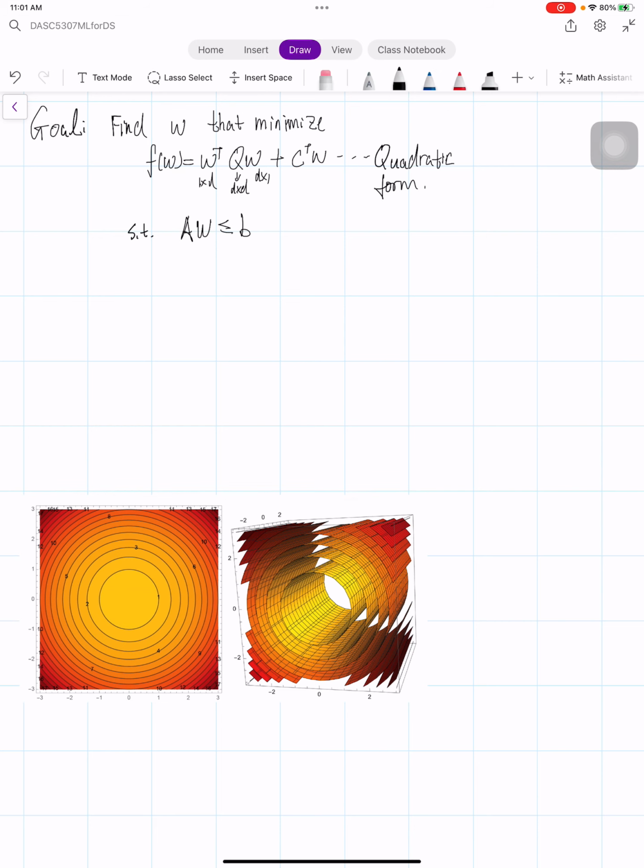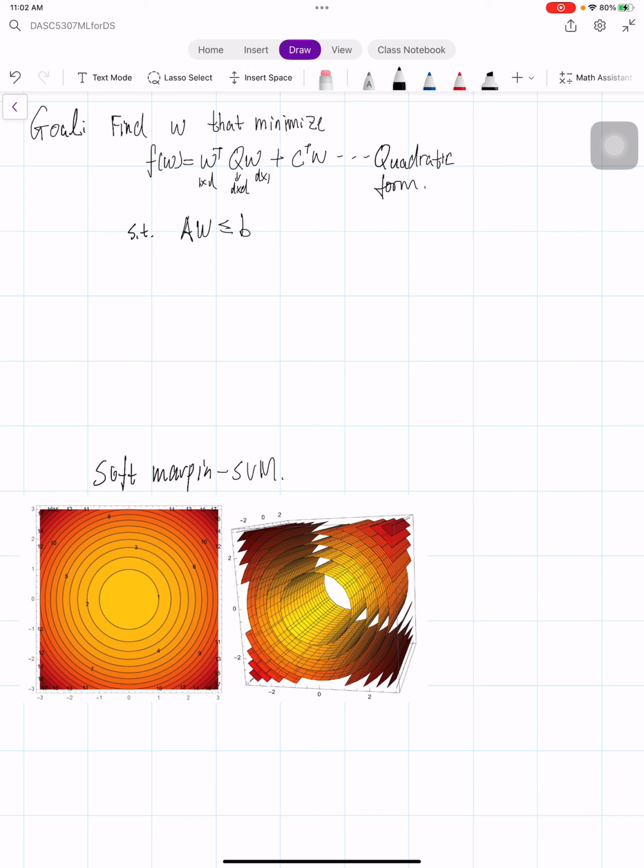This is one example, our soft margin support vector machine.